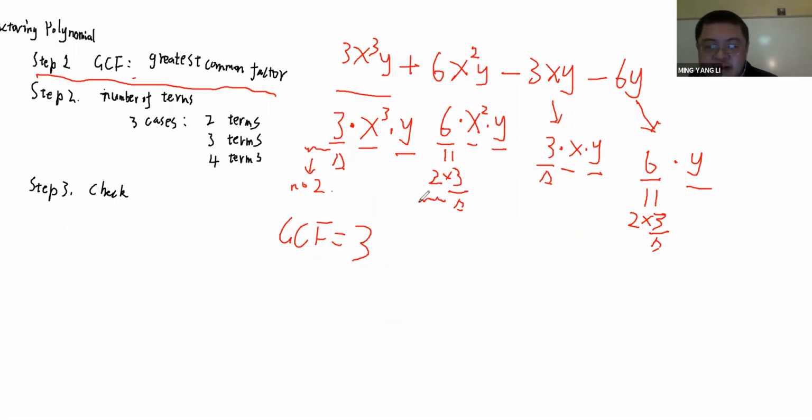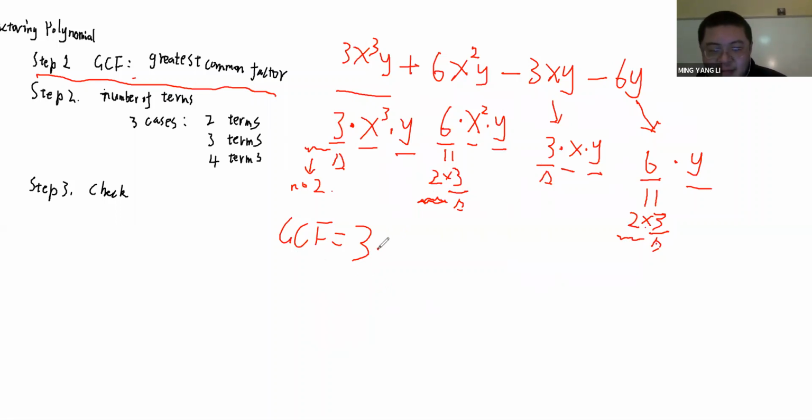We only have the factor 2 in the second term and the fourth term, not in the first and the third. So the number part of the greatest common factor is only 3. We mark it with a small triangle under it, so that's a common factor.